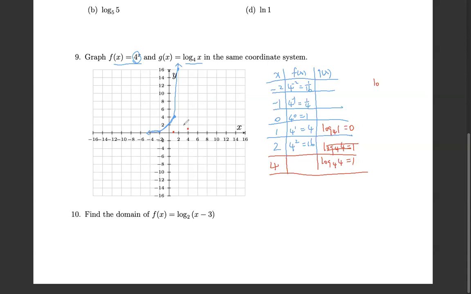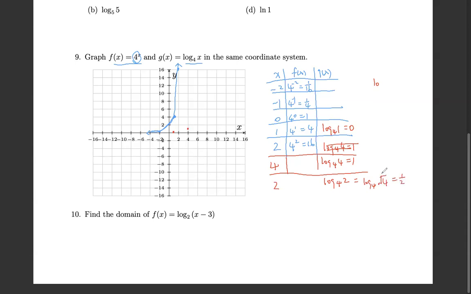And the next one is too big. Maybe let's just do one more. Let's do 2. So log base 4 of 2. That's log base 4 of the square root of 4.